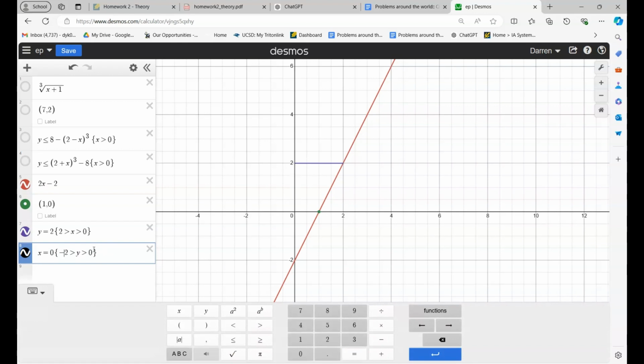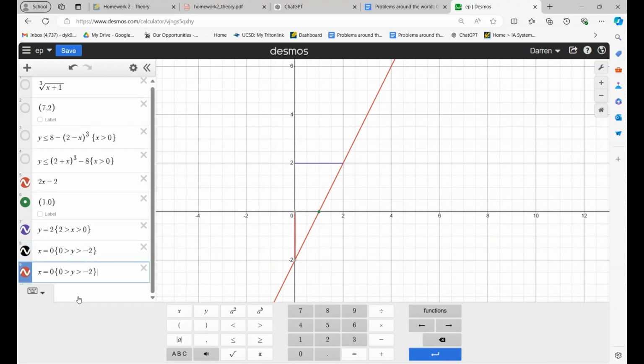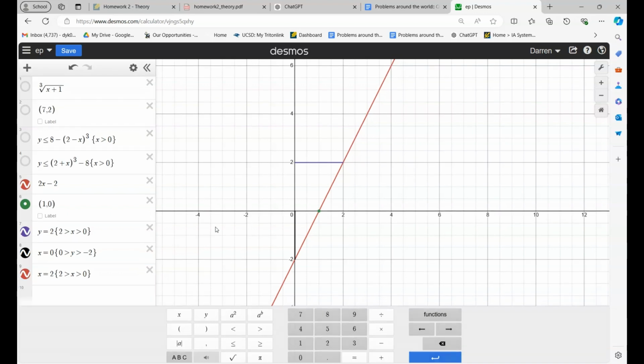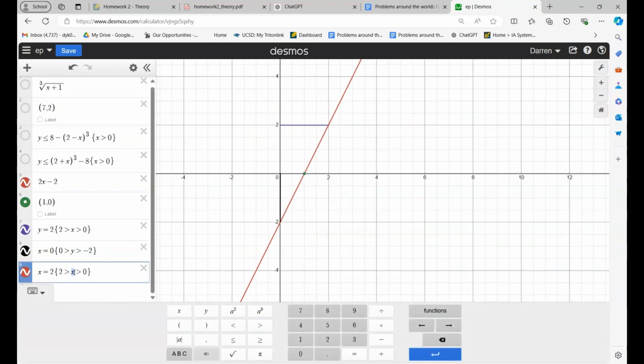That should have worked. No, it's the opposite way around, that's why. No, it's a y over here. That's why it's not working.